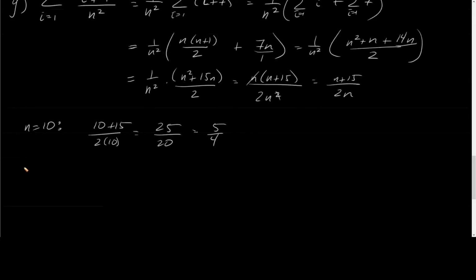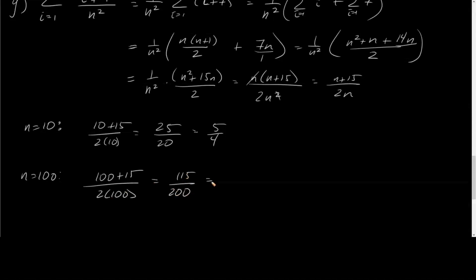What if n was 100? Well, I would end up with (100 plus 15) over 2 times 100, giving me 115 over 200, right? And in here, that simplifies to be, well, let's see, 115 divided by 5, that's 23, and 200 divided by 5, that's 40.